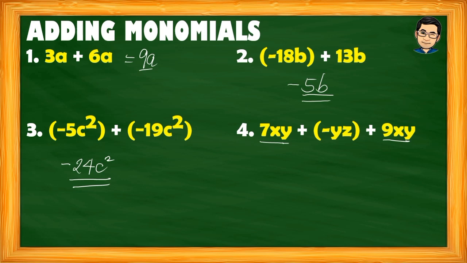So i-add natin sila, 7xy plus 9xy, that is 16xy. And then, since yung negative yz, wala naman siyang kamukhang term, ikakopy lang natin siya. So, hindi po kasi natin pwedeng i-add sa xy. It's because magkaiba po sila ng literal coefficients. So, copy lang po natin negative yz. So, our answer will be 16xy minus yz.